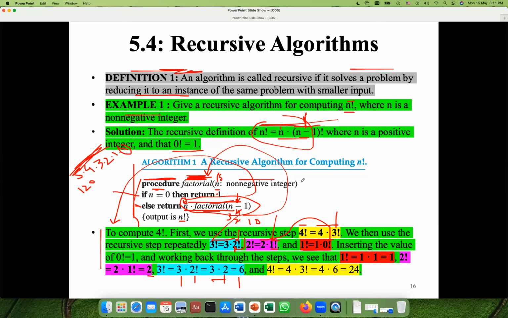You have to put that value here, 4 times 3 factorial, which you are seeing here. What is the value for the 3 factorial? 6. Put the value here. You will have 24. This is the example for 4, not for 5, okay? And we have taken here the example for 5. So this is the recursive algorithm for n factorial.